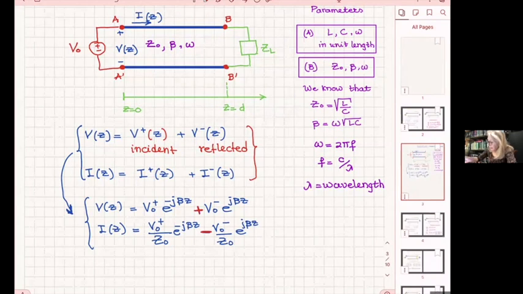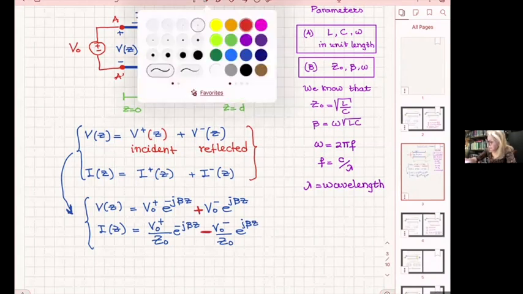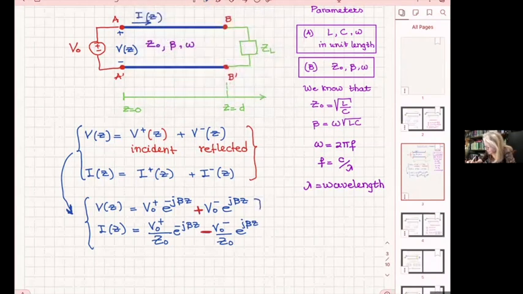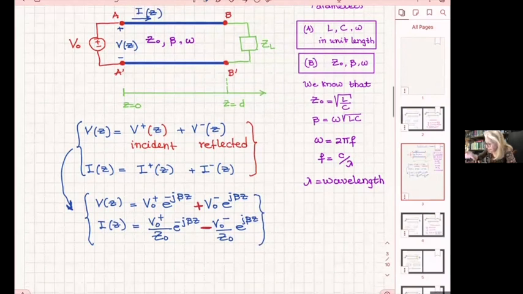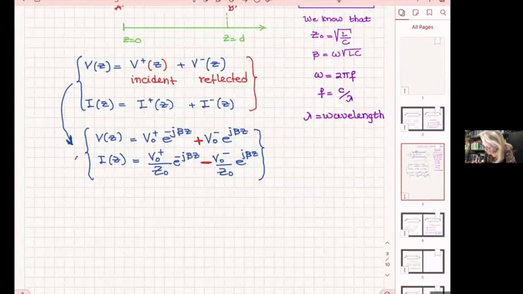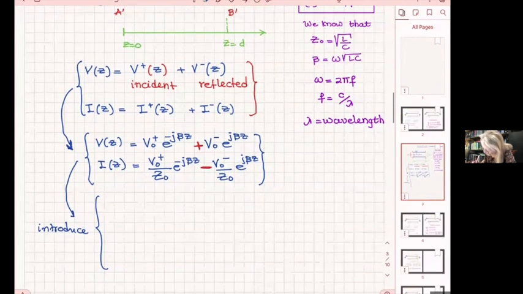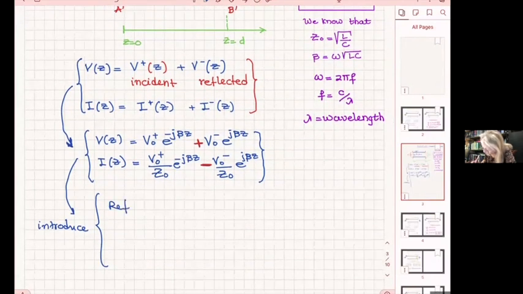Now, there is another thing that we are going to introduce, two other very important parameters, which we are going to use in this problem. So from here, we introduce two more parameters. The reflection coefficient, very important.